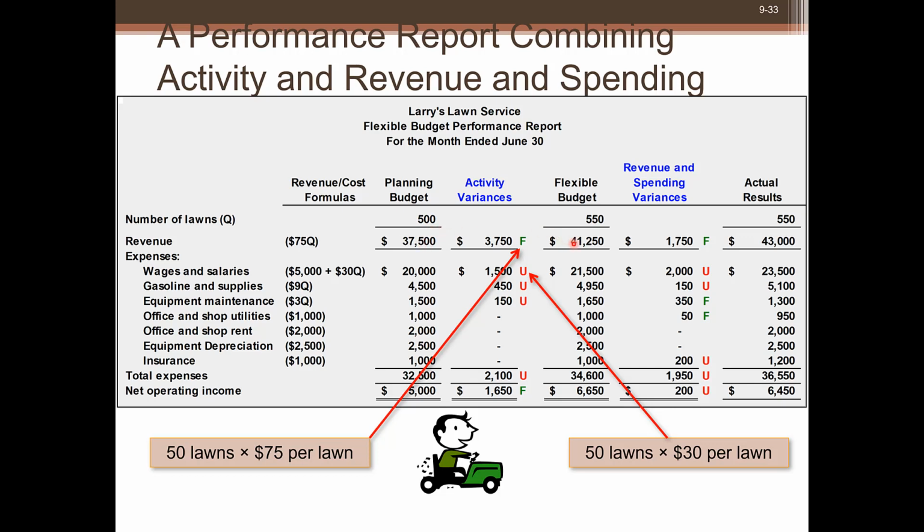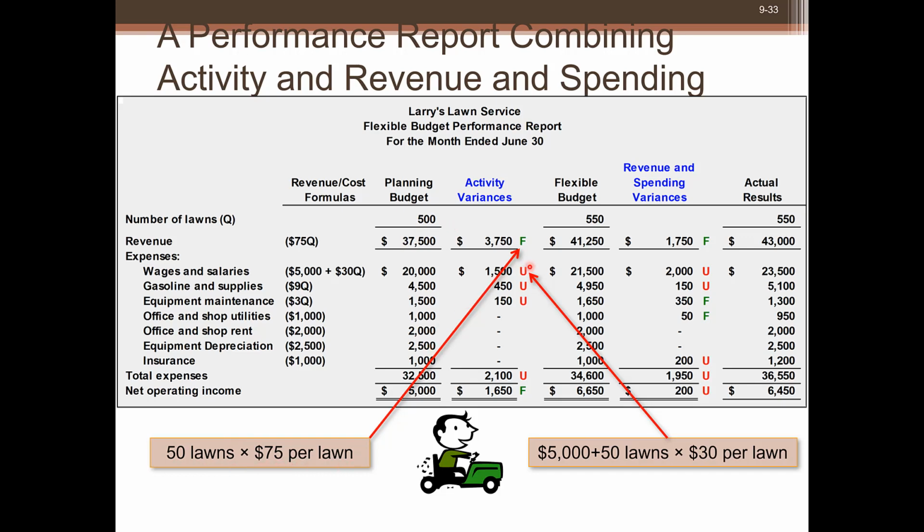Of course, we can calculate the difference to get favorable or unfavorable revenue and expenses. But we also can use a shortcut to calculate activity variances. For example, to calculate the activity revenue variance, we can use the difference between actual level of activity and planned level of activity multiplied by $75. So here, 550 actual lawns mowed minus 500 planned lawns mowed, which is 50 lawns, multiplied by $75 per lawn.